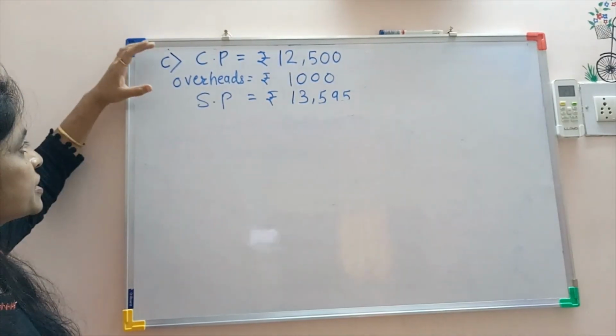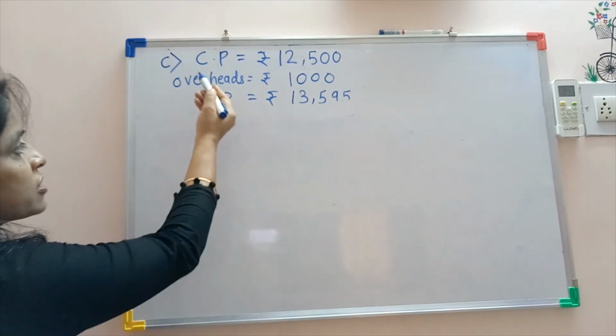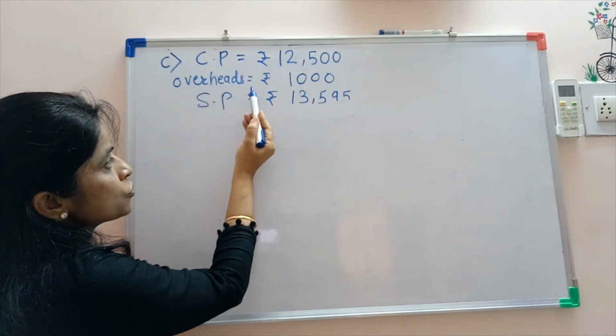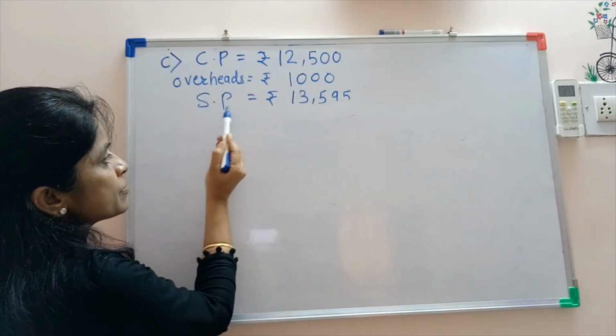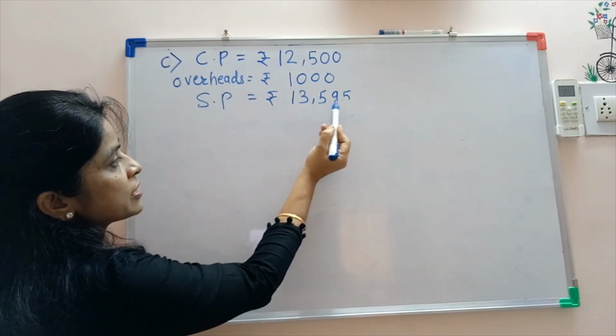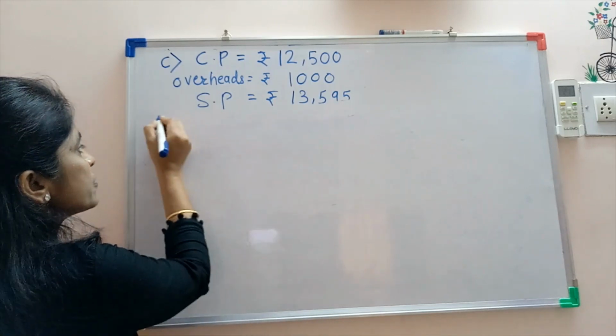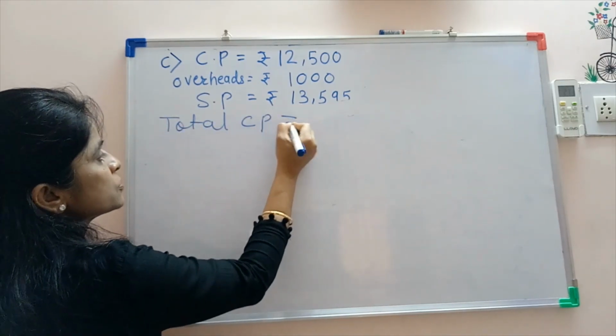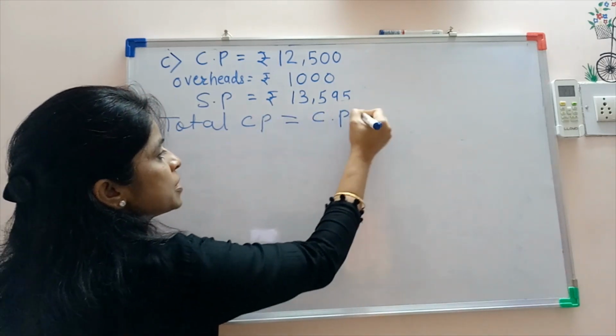Now let's see the solution for this example. Cost price is rupees 12,500, overheads rupees 1,000, selling price rupees 13,595. First of all we will find the total CP. For this we have to add CP plus overheads.